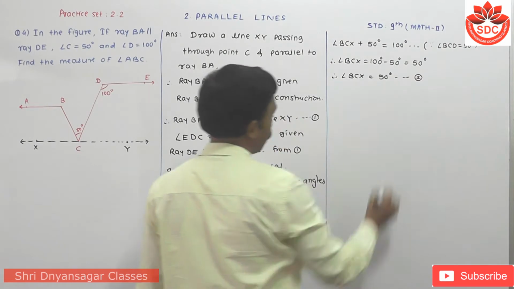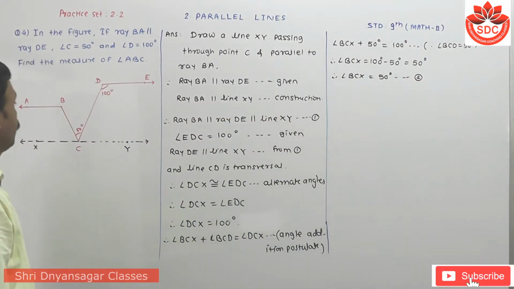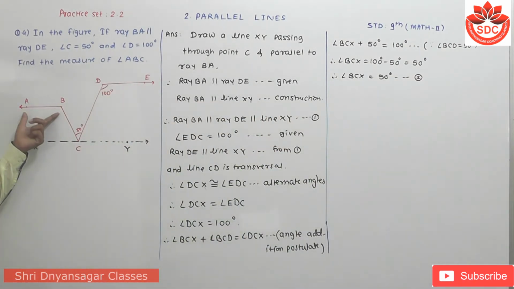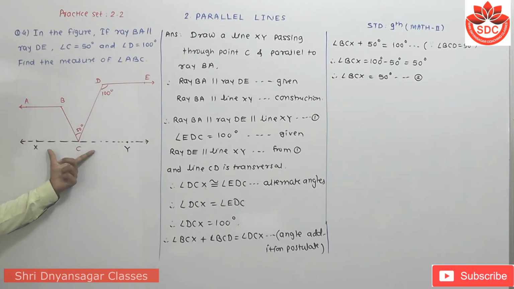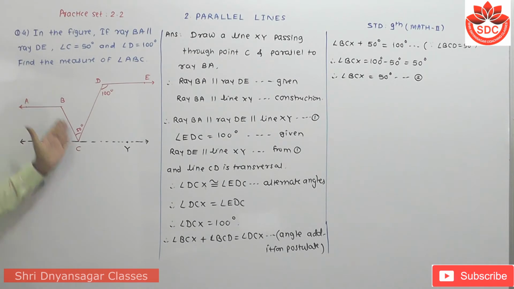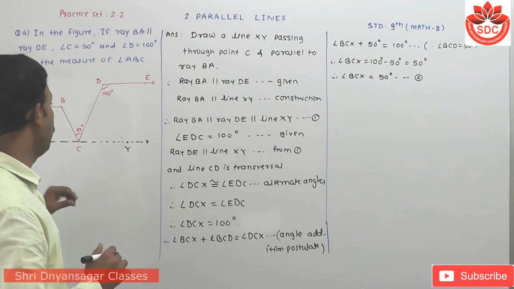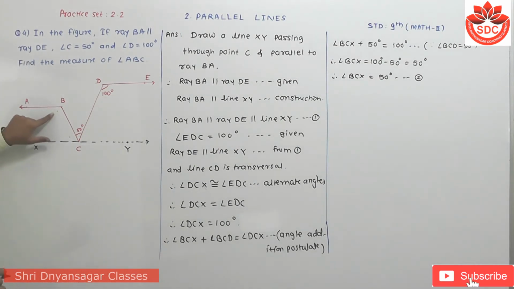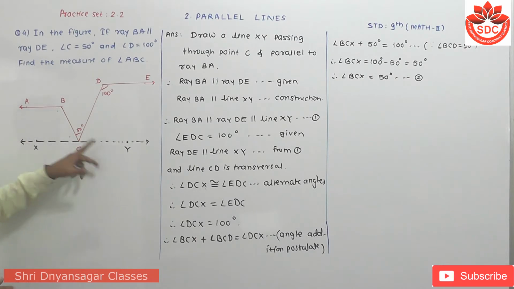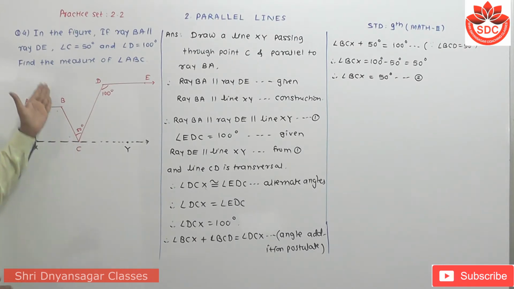Suppose that this is equation second. Then students, this line BA and this line XY are parallel and line BC is the transversal. Then these two angles, this angle and this angle, sum to 180. Then we have to find angle ABC by taking these two lines BA and XY parallel and this transversal.